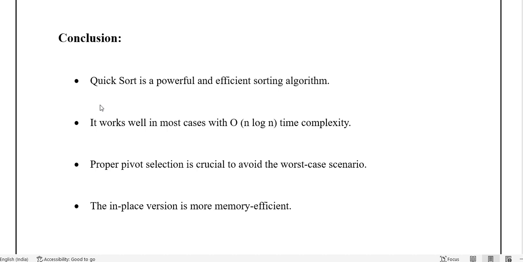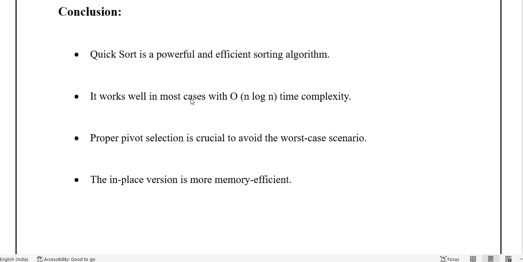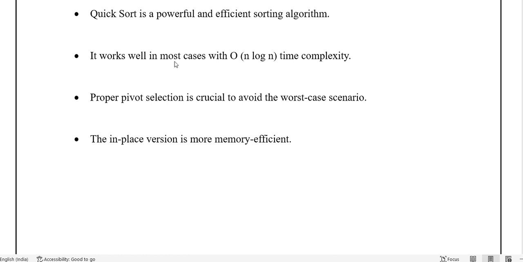Finally, I give the conclusion for quicksort as a recall and summary. Quicksort is a very powerful and efficient sorting algorithm. It works well in most cases with time complexity of O(n log n), which is also the average case. Proper pivot selection is very important for quicksort. If the pivot selection is very bad, it goes to the worst case; if it is very good, it goes to the best case.